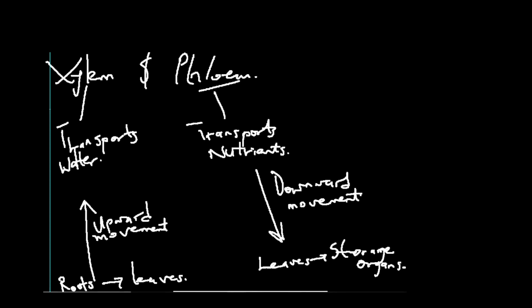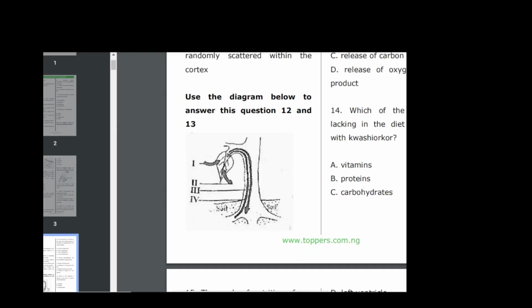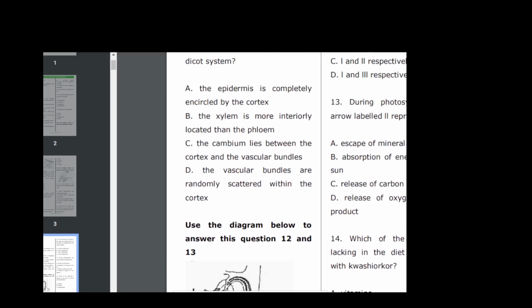So the particular question we are talking about now, let us see. Let us quickly see what our question is.